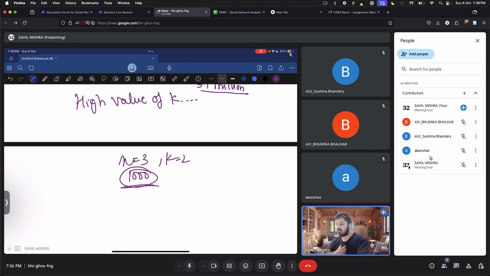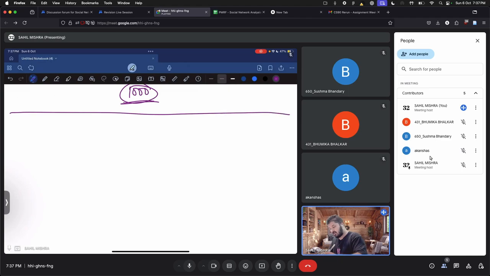I think Milgram's experiment used something like 296 letters, so it was even smaller. Anyway, a high k value means a smaller network will be generated. Remember this, because I'm not saying certainly, but this may be asked.